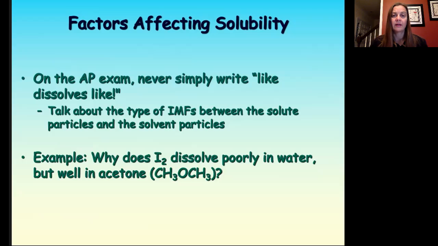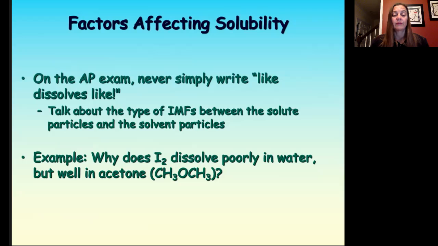Acetone, on the other hand, is a nonpolar substance, and so it's not strongly attracted to other molecules of acetone. So the iodine is able to mix in easily and dissolve. The difference here is that the attraction of the solvent for itself with water is very strong, and the attraction of the solvent for itself with acetone is not particularly.